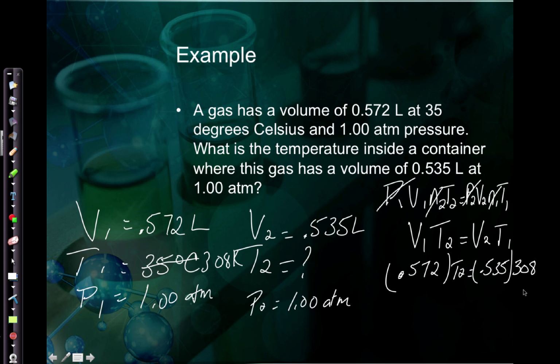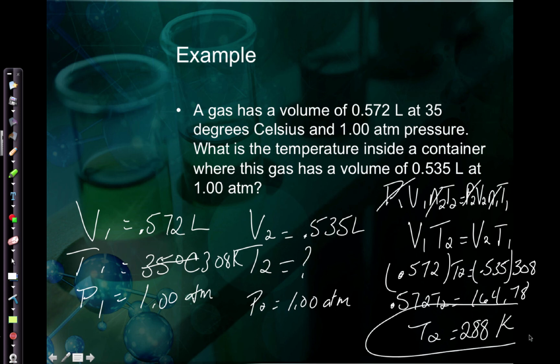You multiply this out, you get 164.78, so T2 is going to be equal to 288 Kelvin. It doesn't specify if it needs to be in Celsius or Kelvin, so we'll just leave it like that. That's fine.